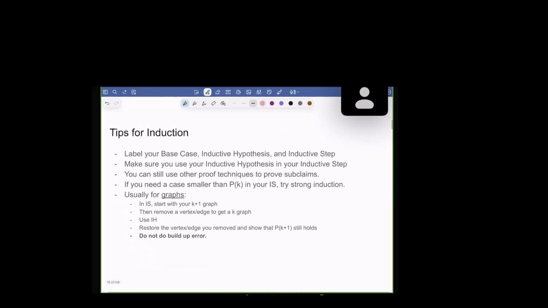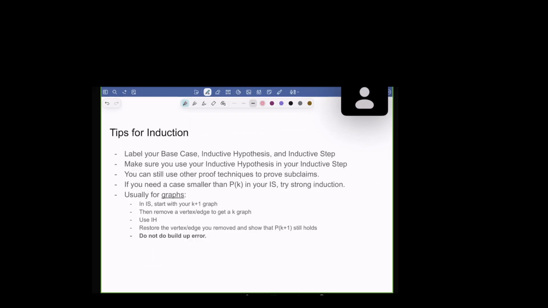Okay. Our tips: always label your base case, inductive hypothesis, and inductive step. You always get some partial credit. Make sure you use your inductive hypothesis in your inductive step, and you could also use other proof techniques to prove subclaims. And like you said, if you need a case smaller than your P of k in your inductive step, try strong induction.